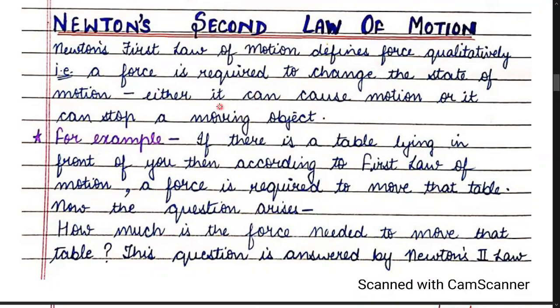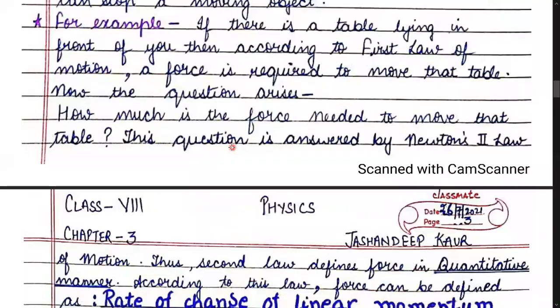Coming further is the second law of motion. Children, the first law defines the force qualitatively. That means the quality of force required. Is a force required to change the state of motion, or can it cause motion, or can it stop a moving object? But children, how much force is needed is not answered by the first law.